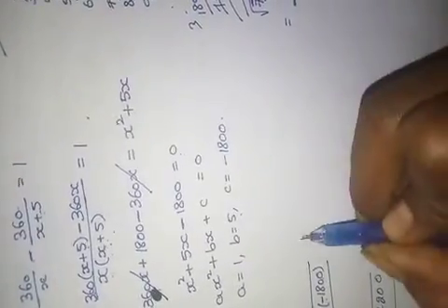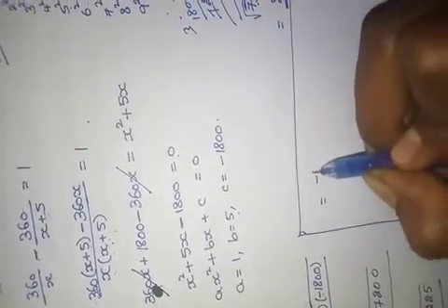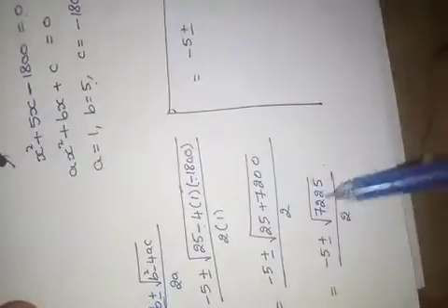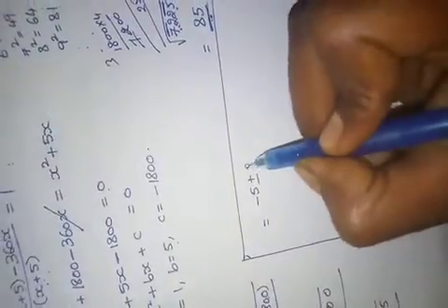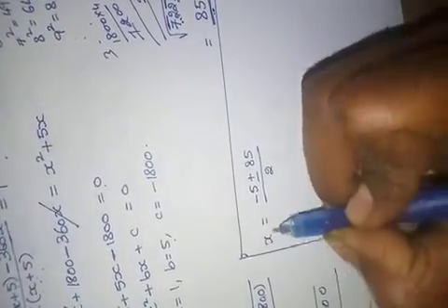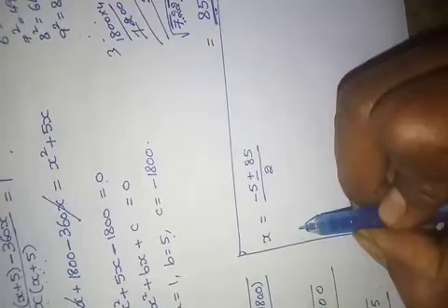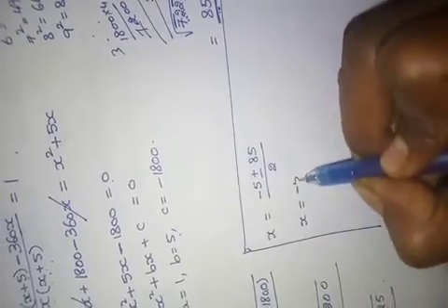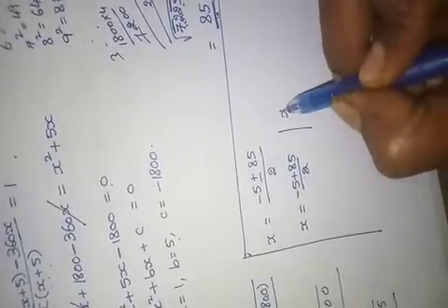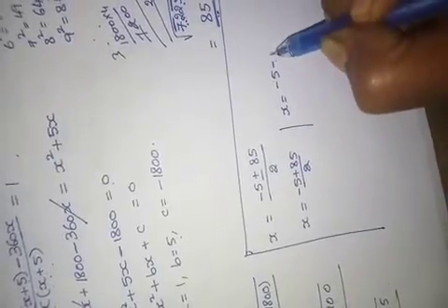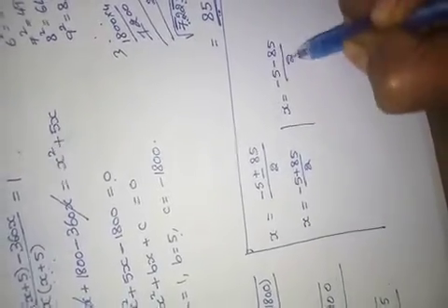That implies, I am doing here, minus 5 plus or minus root of 7225, which is 85, by 2. Now solve it. x equals plus or minus, no? Take separately. x equals minus 5 plus 85 by 2, that is one value. x equals minus 5 minus 85 by 2, that is one more value.